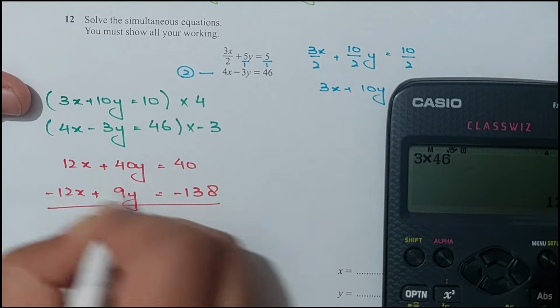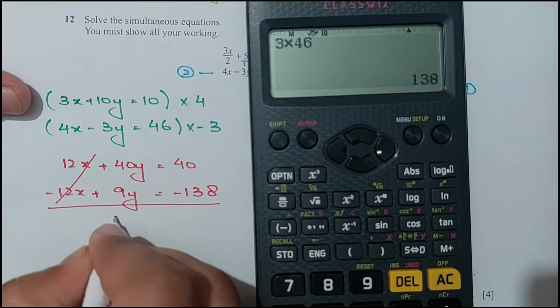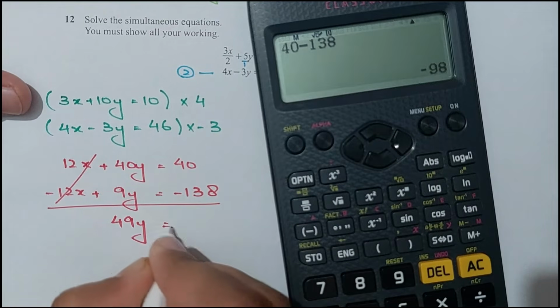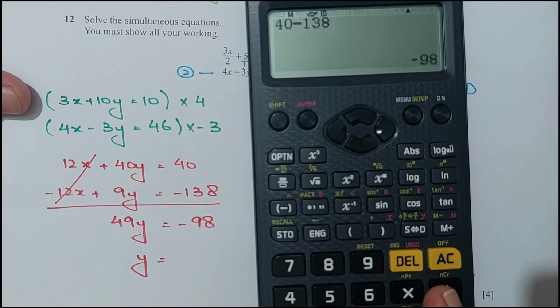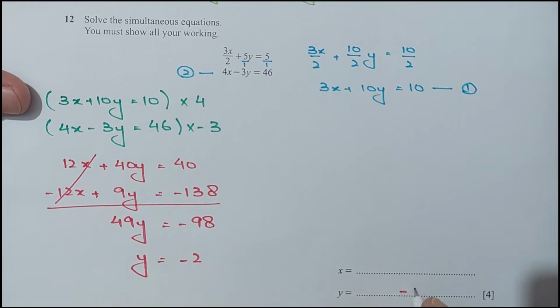Let me add up. The x cancels out. So 40 plus 9 is 49y, and 40 take away 138 is minus 98. So y would be equal to minus 98 divided by 49. So y is negative 2. We are done with the y value, which is negative 2.